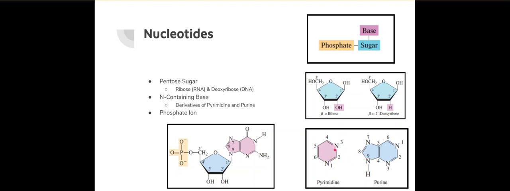Pyrimidine is a heterocyclic benzene ring with two nitrogens in it. And purine has that pyrimidine, but it also has a 5-membered ring with two nitrogens in it as well. You don't have to memorize these structures, by the way.